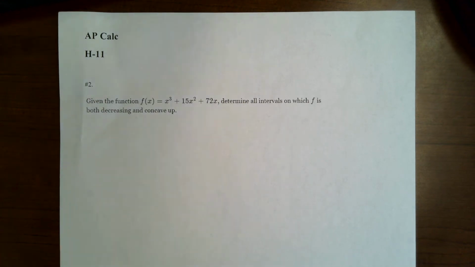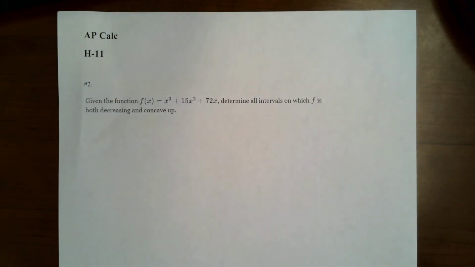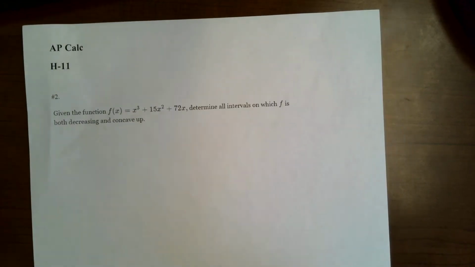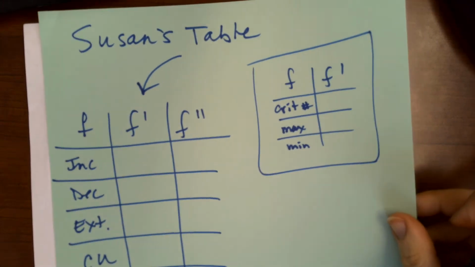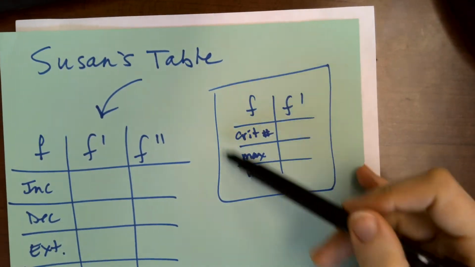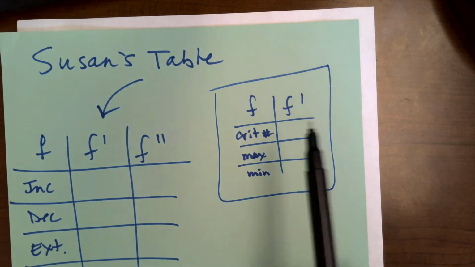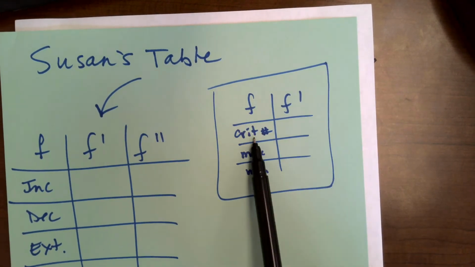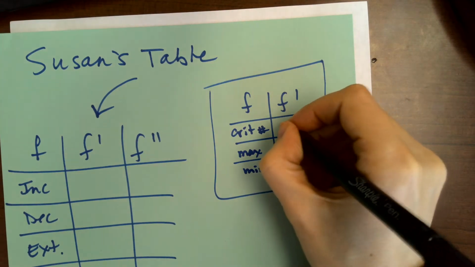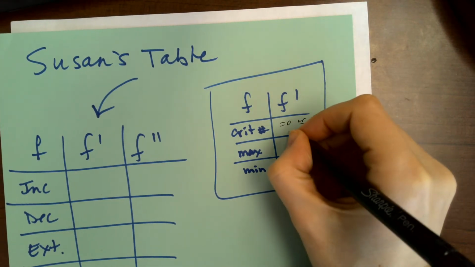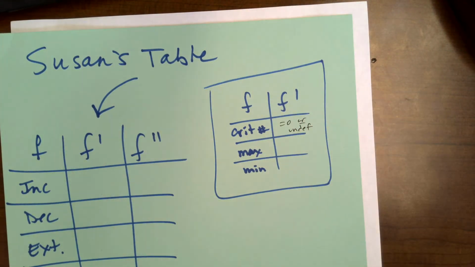Okay, so we want to use calculus to do this. And first, let me review with you some things. Let's just review Susan's table. All right, let's also review this little side version. So f has a critical number if f prime equals 0 or is undefined.